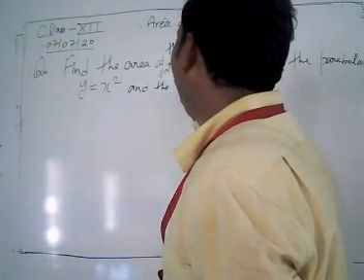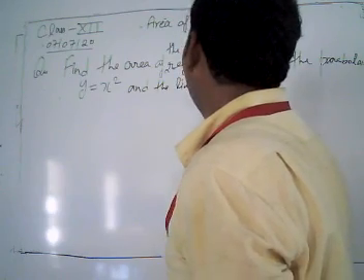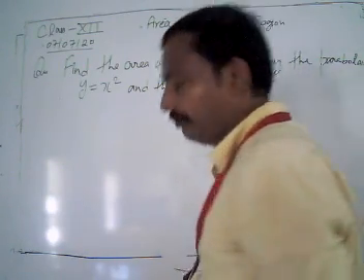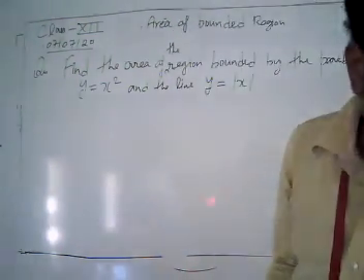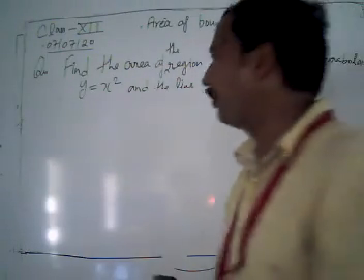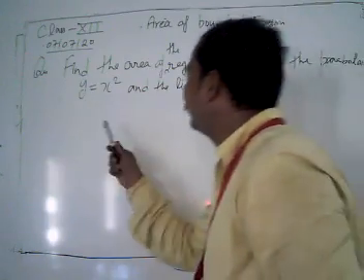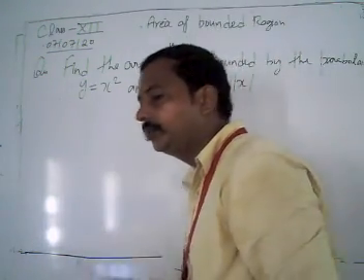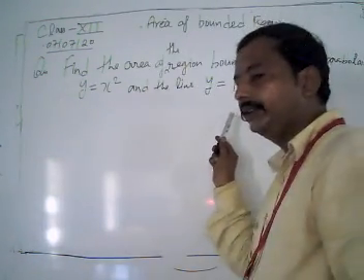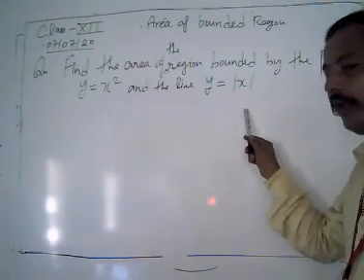Now we have the problem: we have to find the area of the region bounded by the parabola y equal to x square and the line y equal to mod x.